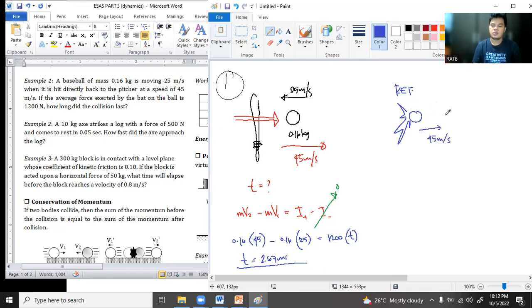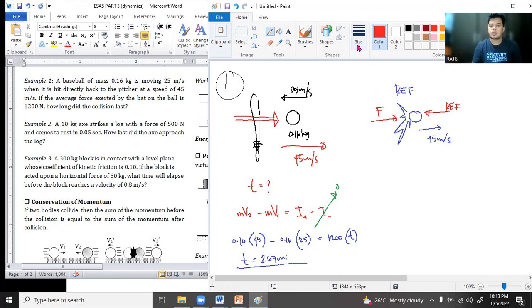To make this ball stationary, a force is applied. We call this one REF. This would be the force applied by the bat, and then to make the ball stationary, we apply an imaginary force, that is REF.